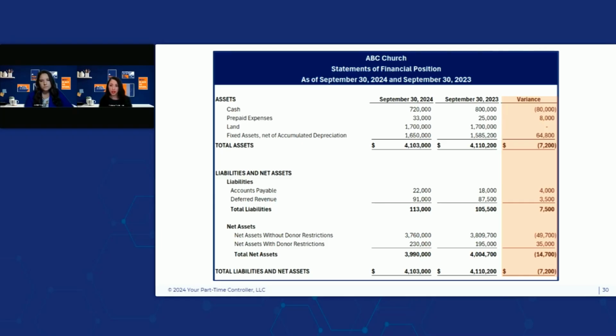And so again, down here in the net assets section, we can see that the net assets without restrictions are almost 50,000 less. So it's starting to put together that financial story that we're gearing toward in saying that, yes, it's 4.1 million in both years, but we're seeing a change in the cash and the unrestricted amounts available.